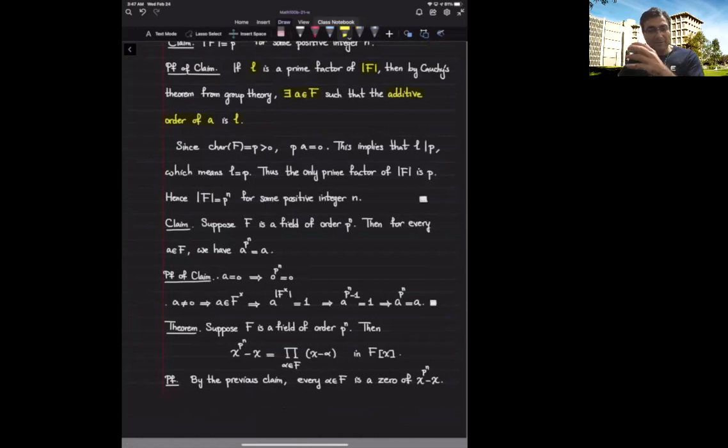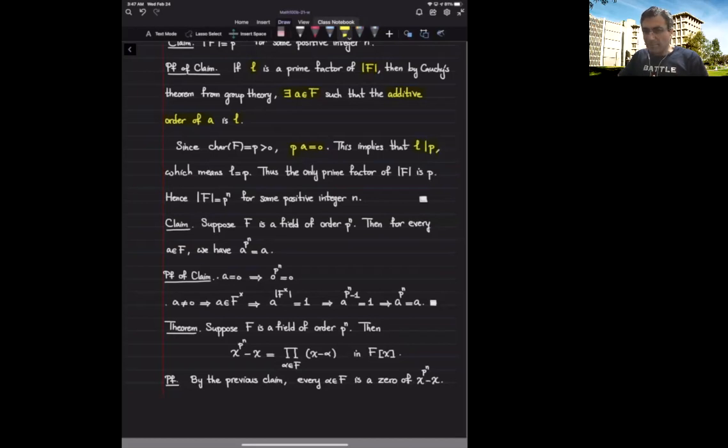Because the characteristic of this field is p, p times a should also be 0. But knowing that p times a equals 0, I can deduce that the additive order of a should divide p. So that means L should divide p.